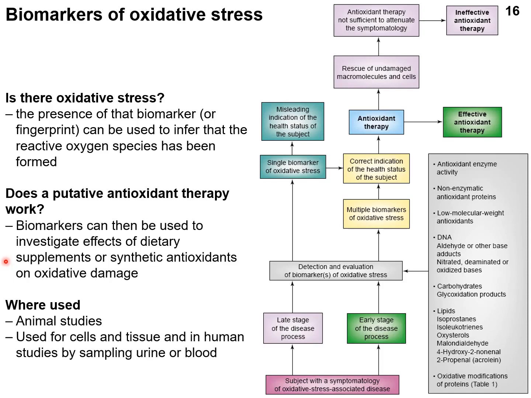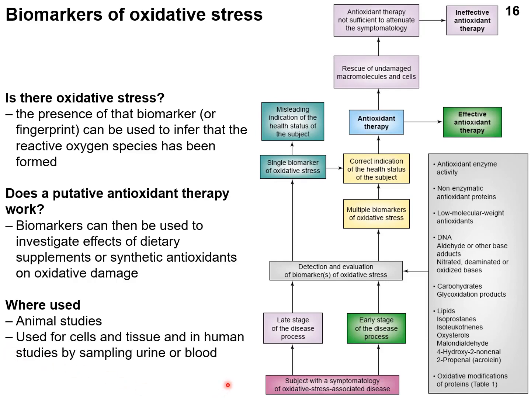Now, biomarkers are used in animal studies. We've certainly used them ourselves, but generally speaking, you find wide use of biomarkers in humans. And that's because with humans, you can access urine samples and blood samples, whereas it's much more difficult to acquire tissue samples, so muscle samples or liver samples, for example.